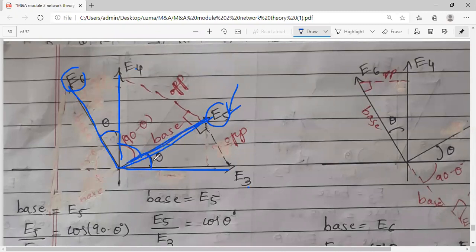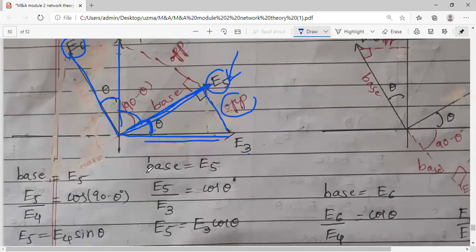This is the angle theta. The opposite line, this segment, is your opposite, and E3 is your hypotenuse. So base by hypotenuse is cos theta. I'm not interested in the opposite, so I am going to express in terms of base, that is cos of the angle. So E5 by E3 is cos theta. So E5 is E3 cos theta.